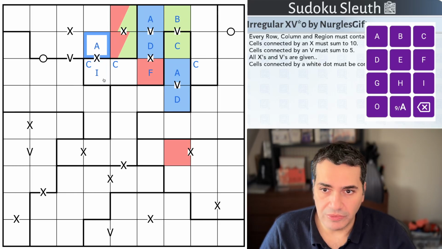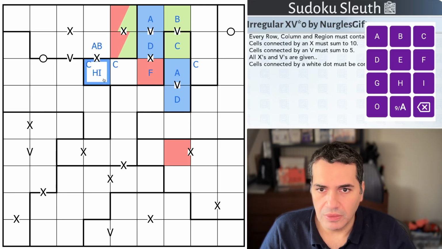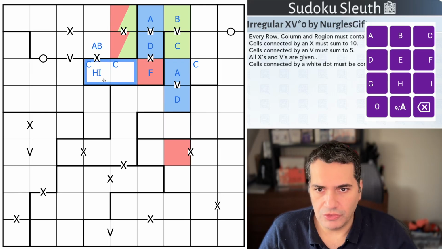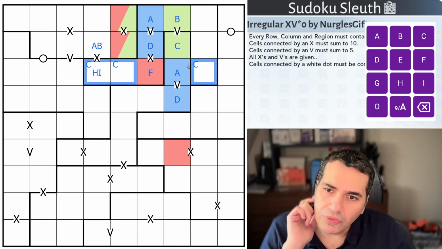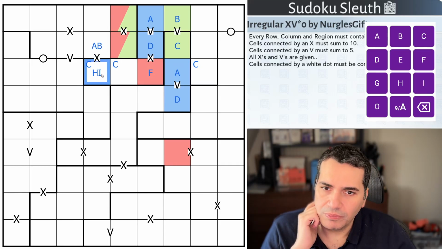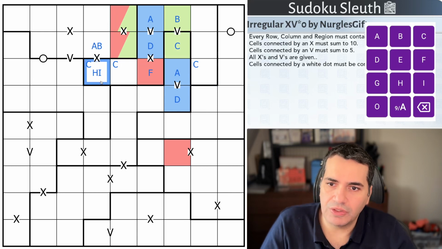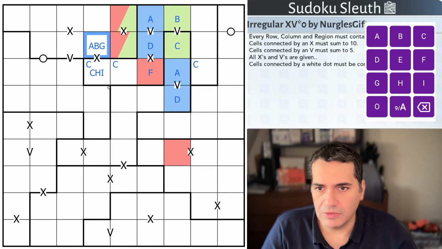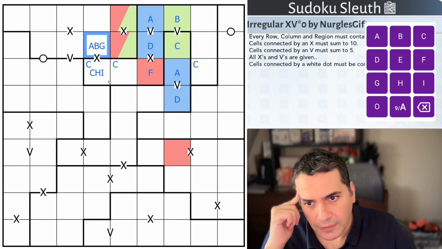If it is red, green, this would be B, this would be H. And obviously, because C has to be in one of these 3 cells, does that prevent this from being C, this from being G, and then this being C? I don't think it does. Oh yeah, it can't be C because of this cell. Okay, so C and G would be in this very specific direction.